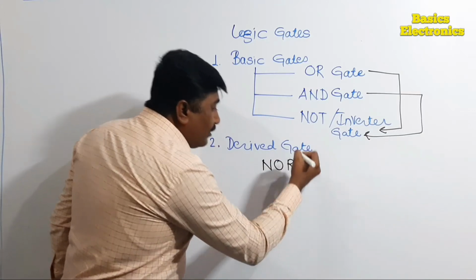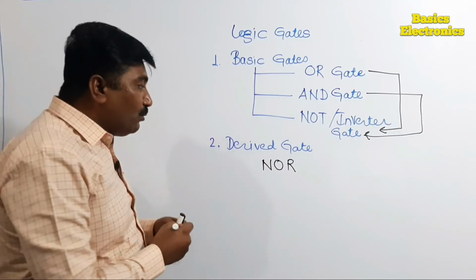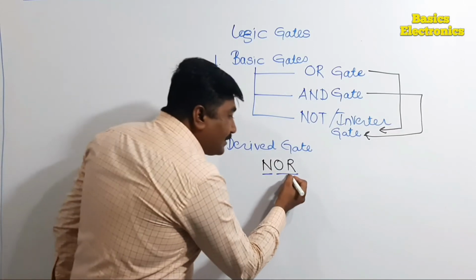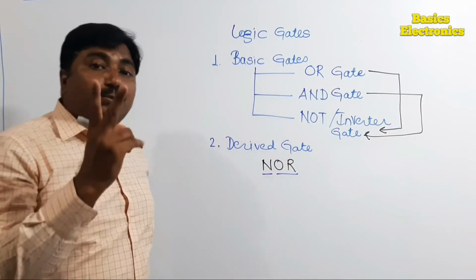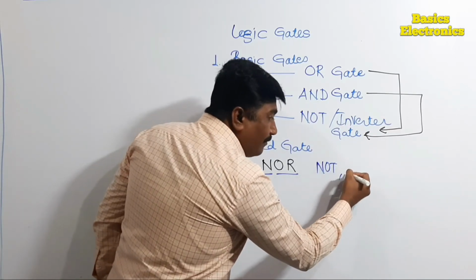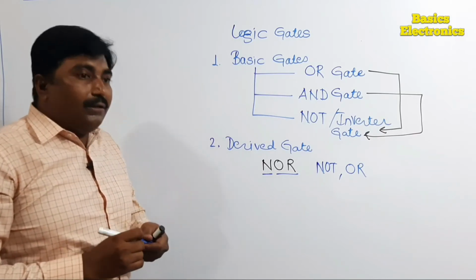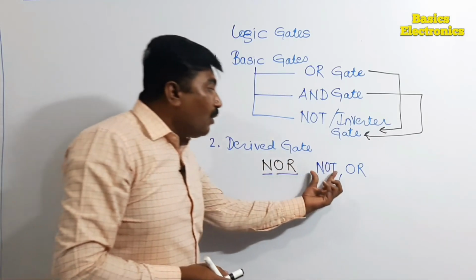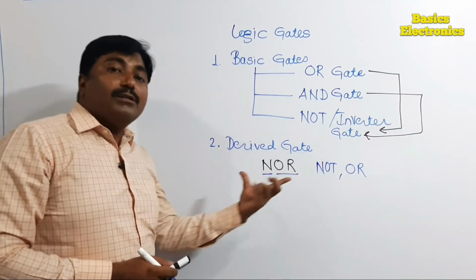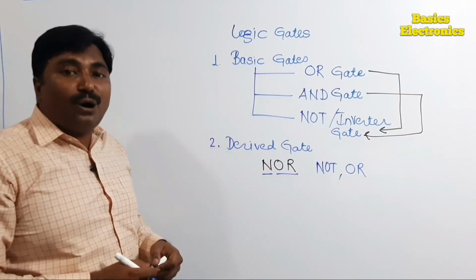So the two main derived gates we have are, first, the NOR gate. As its name indicates, NOR is the construction of two gates together, the NOT gate and the OR gate. When we use the NOT gate and the OR gate together, a new gate is derived, and that gate is the NOR gate.